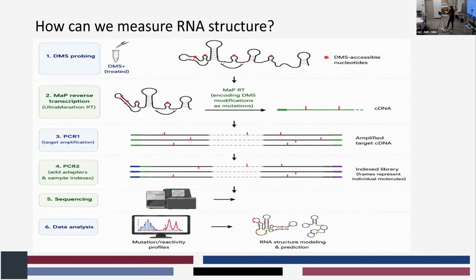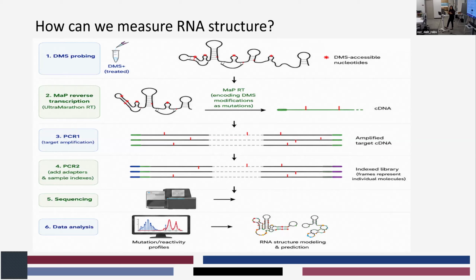After doing the PCR, the next step is sequencing. Sequencing shows us the order of the nucleotides and where these mutations are located. After sequencing, computational analysis calculates the mutation rate at each nucleotide. A high mutation rate means the nucleotide was more accessible to DMS and was likely unpaired or unstructured.